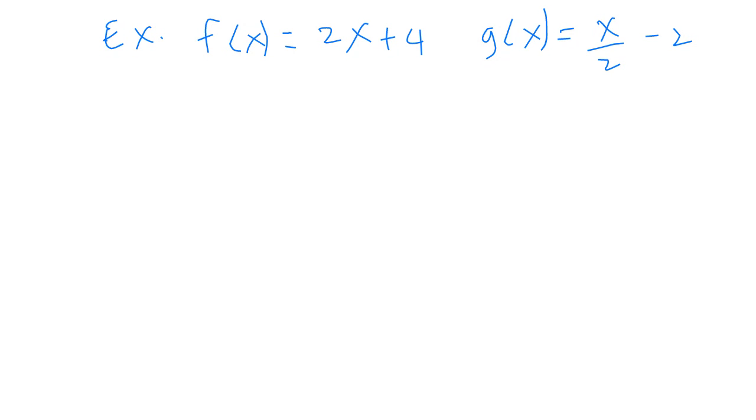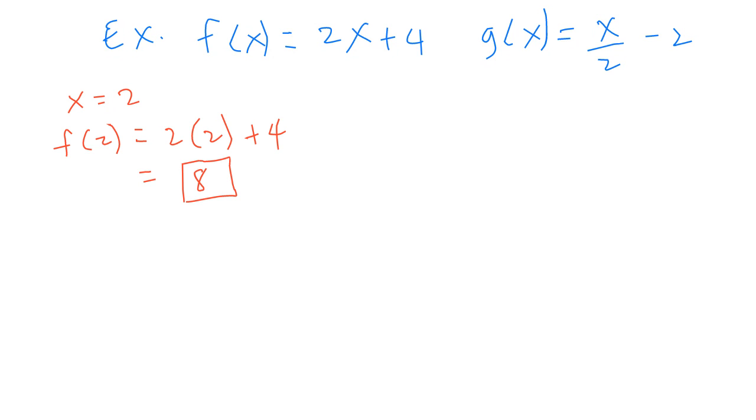Another way to prove this also is by assigning a value, like you have to evaluate a value. So let's assume x here is equal to 2. For f of x, that would be f of 2. And we have 2 times 2 plus 4. So our answer here is 8.